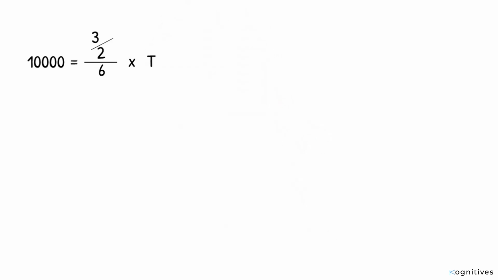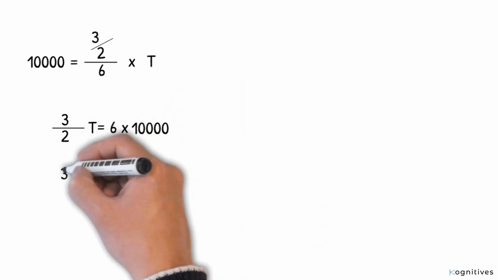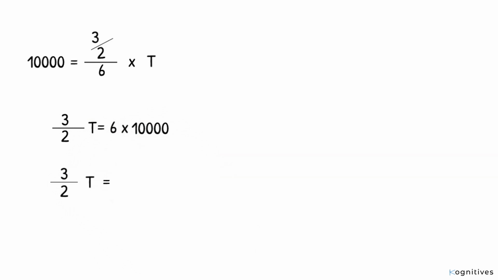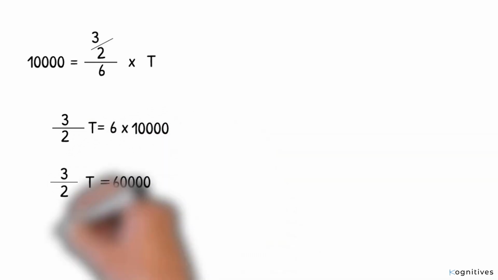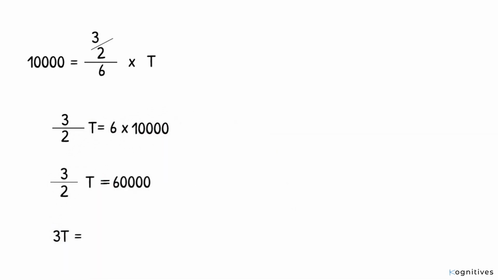Now, by cross multiplication, I now have 3 over 2 T equals 6 times 10,000. Now, this gives me 3 over 2 T equals 60,000. Therefore, 3T equals 2 times 60,000.